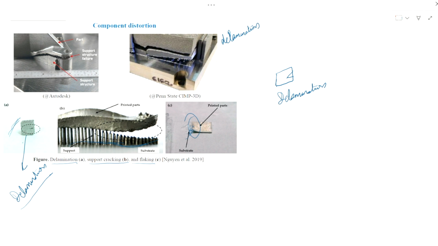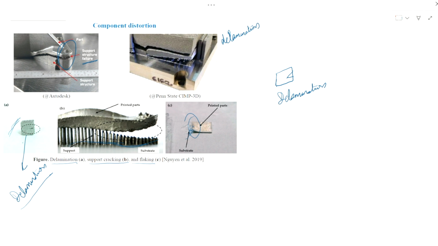Now we have improper bonding between the supports. Here, at the intersection of the component and the support, the component has split. Support structure failure is there, and the dimensions of the final product will be different.